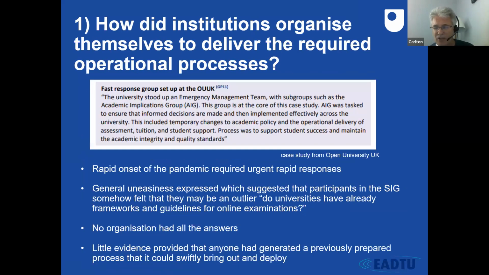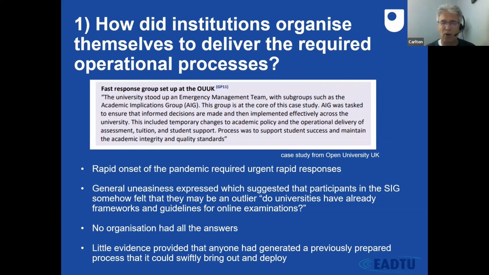So first of all, how did institutions organize themselves? I've taken a screenshot of one of the case studies. This happened to be from the Open University in the UK. It's the one I know best. But what was done here was quite similar to what many other institutions did. They typically formed some kind of overarching university group because they needed to make changes to tuition and assessment.